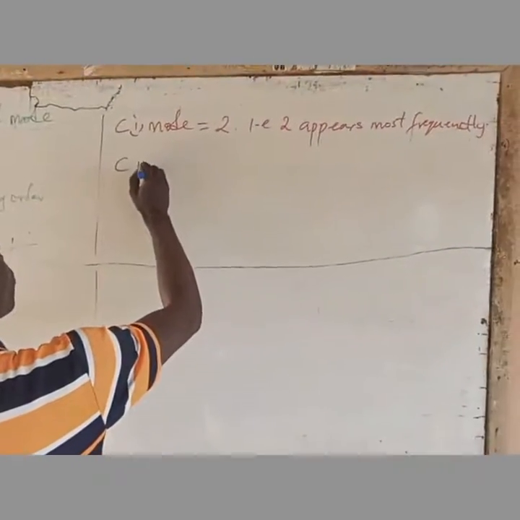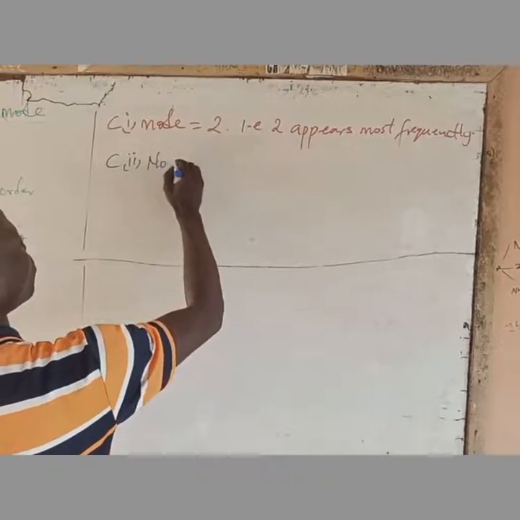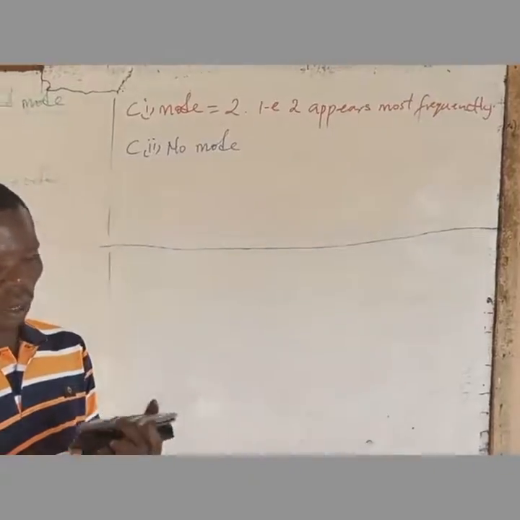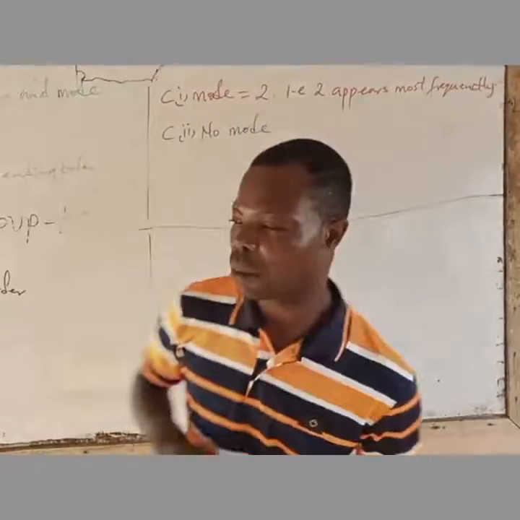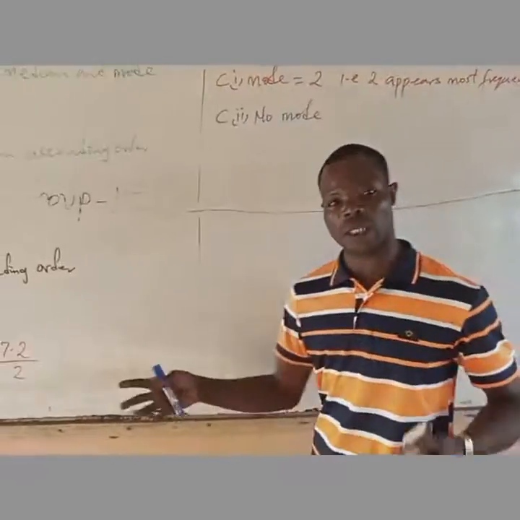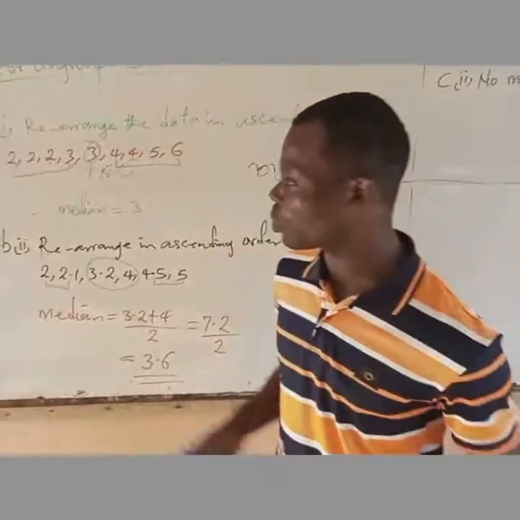C, Roman figure 2, no mode. All the numbers appear the same number of times, so there is no one that appears most. In that manner we say no mode.